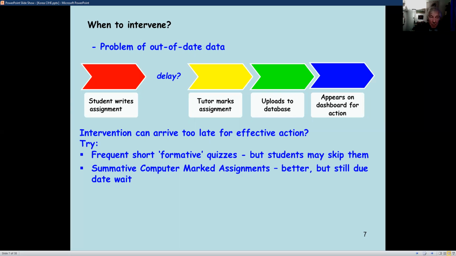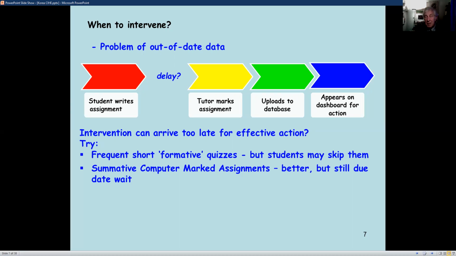To help overcome this problem, you could try frequent, short, formative quizzes that don't count for assessment, but students may tend to skip them. You could put in summative computer-marked assignments, which do count for assessment.